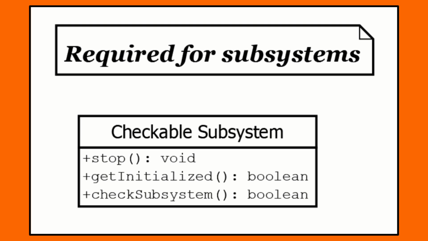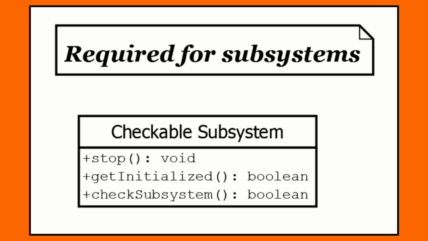So if it's reading 50,000 RPM, well, you probably want to stop movement there because something must have broke. Or if you have a limit switch as a hard stop for one of your mechanisms, if you hit that limit switch, you probably want to stop all the movement. So those are examples of what you would put in check subsystem.